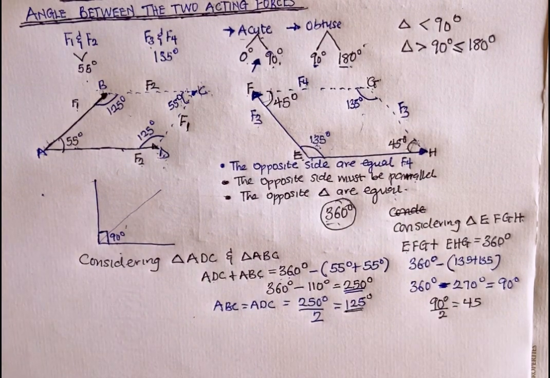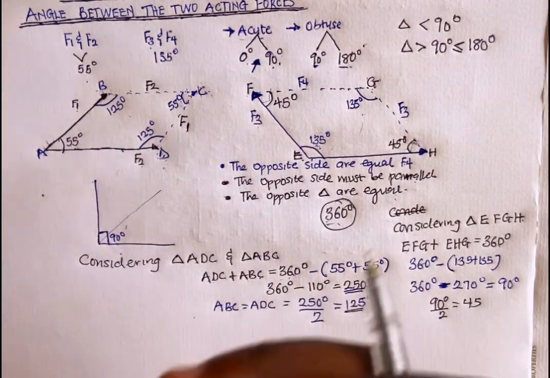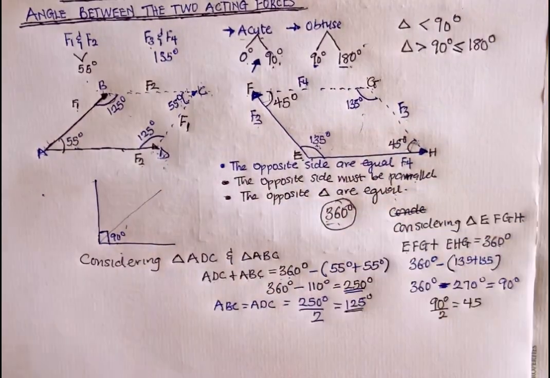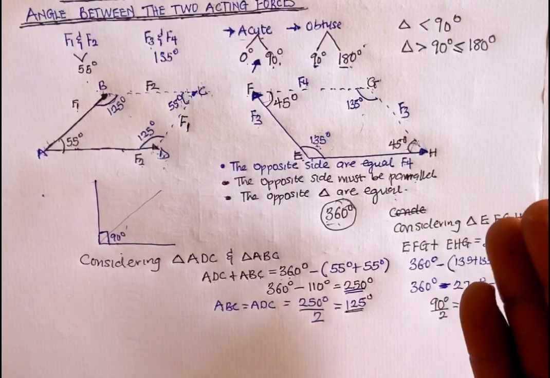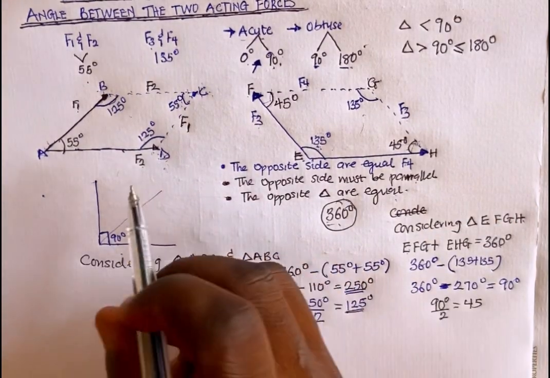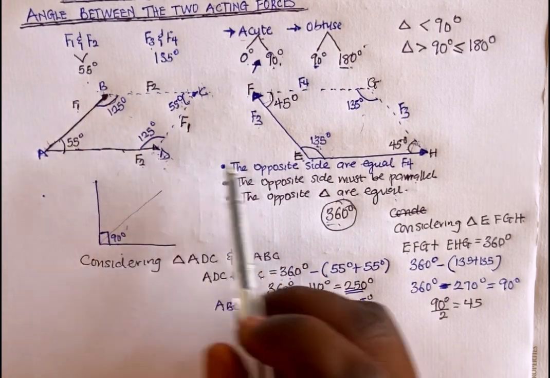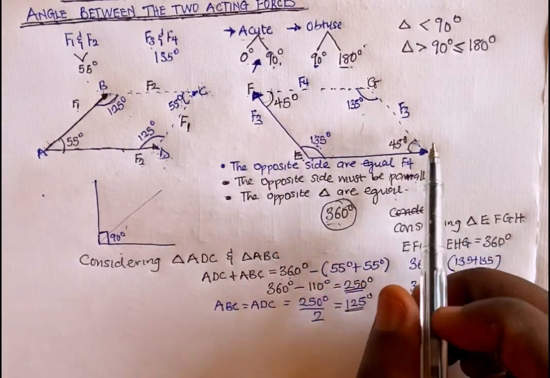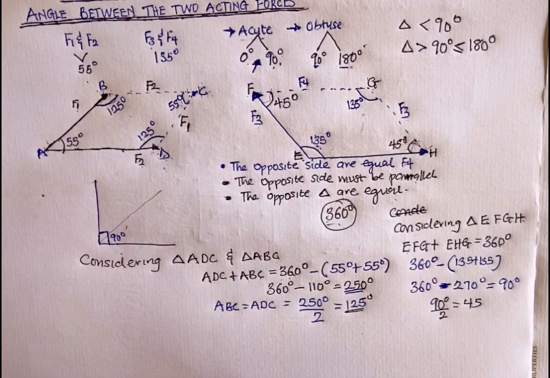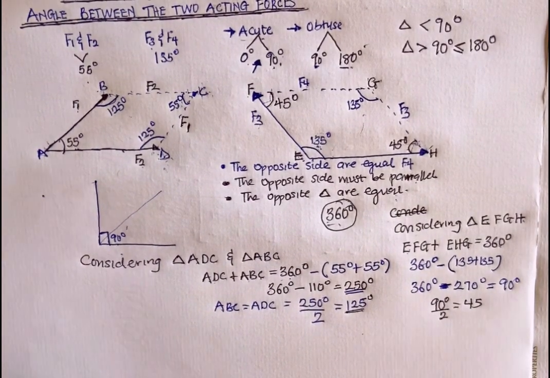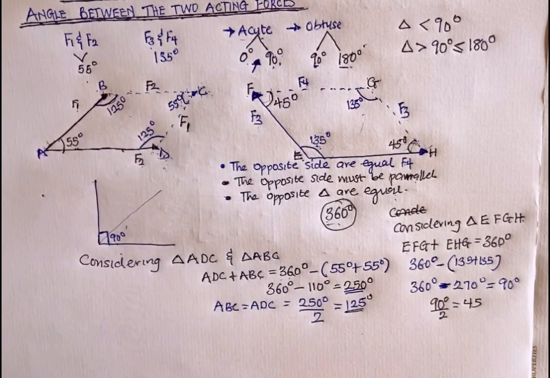So the first case is the case of the acute angle, and the second case is the case of the obtuse angle. To calculate the resultant force of angle ABCD and also angle EFGH, the resultant force is taken to be the diagonal of the parallelogram ABCD.